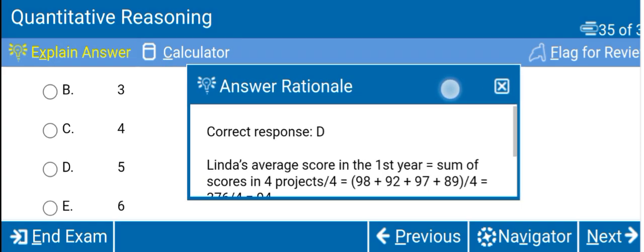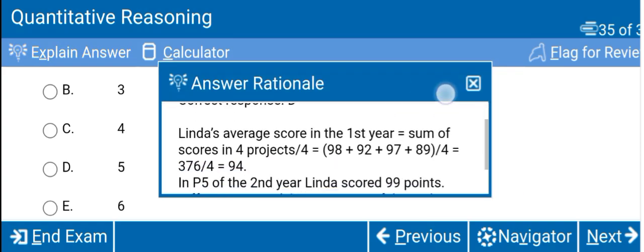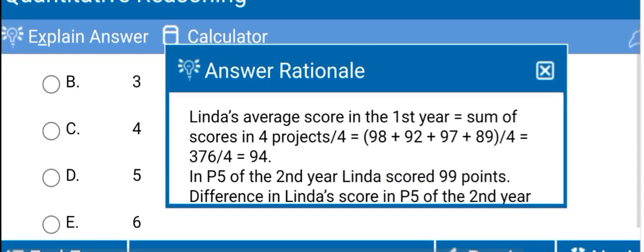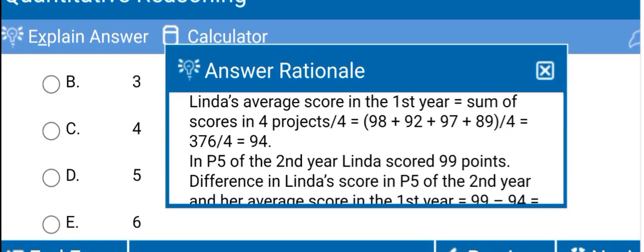So here we have the correct response is D. Linda's average score in the first year equals the sum of scores in 4 projects divided by 4, which equals 98 plus 92 plus 97 plus 89 divided by 4, equals 376 divided by 4, which equals 94.